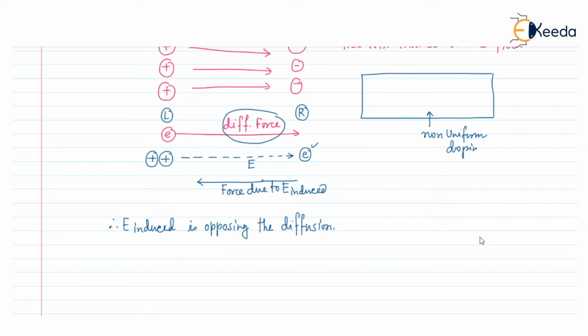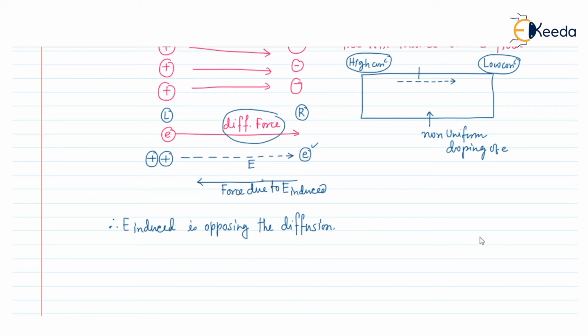If non-uniform doping is done, then suppose this is the high concentration region, and non-uniform doping of electrons has been done. For the time being, let us assume that we have doped non-uniform electrons. So let us assume that this is the high concentration of electrons and this is the low concentration area of the electrons. So a diffusion force will be created in this direction.